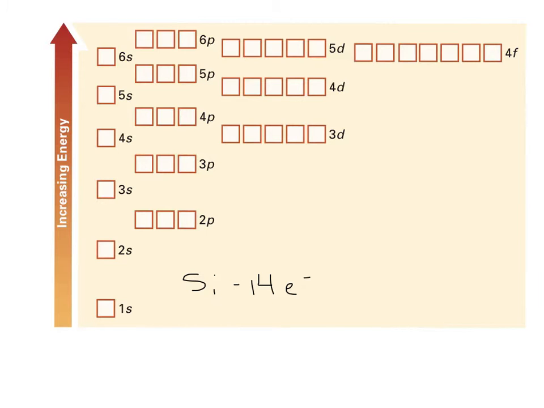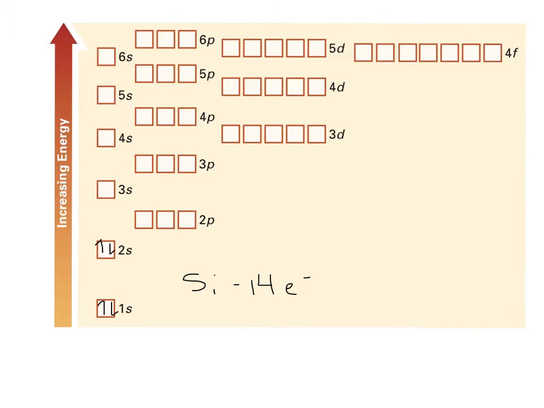First electron comes along and says, hey, I want the cheapest room that you have available. And he says, okay, well, that's in the 1s room. So he goes and fills in there. Second guy says, hey, the room's already paid for, I'm going there. There's 2. Those are our first 2. Next electron comes along and says, I want the cheapest room you have available. And the owner says, well, that's the 2s room. So he goes here, 3, 4.